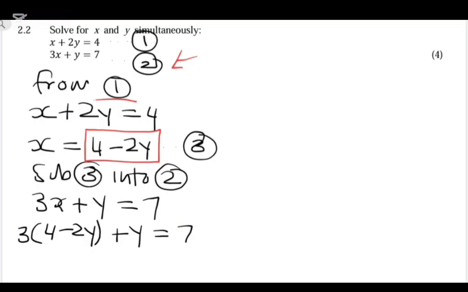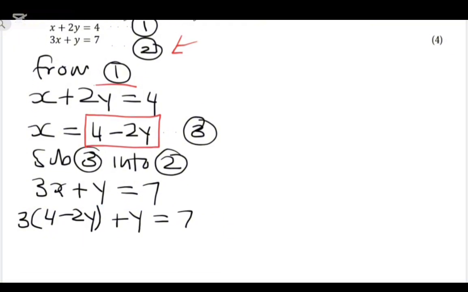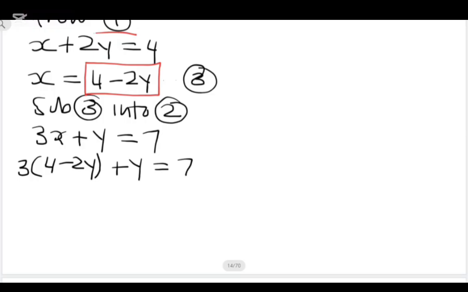Now, if you pay attention to this equation, we only have one variable to solve, which is y. So here we can simply distribute: 3 multiplied by 4 gives us 12, and 3 multiplied by negative 2y gives us negative 6y, and then plus y, minus 7 if I take it to the other side, which is equal to 0.